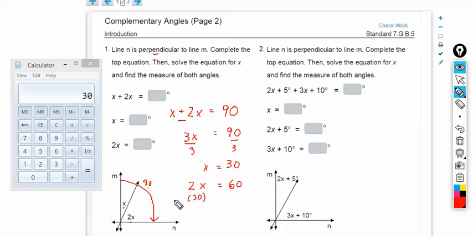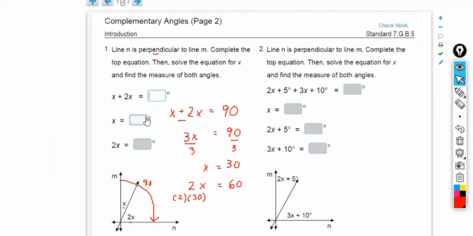We put the 30 in for x, so that's 2 times 30, which gives us 60. So that means that this is 90, this x equals 30, and 2x equals 60.